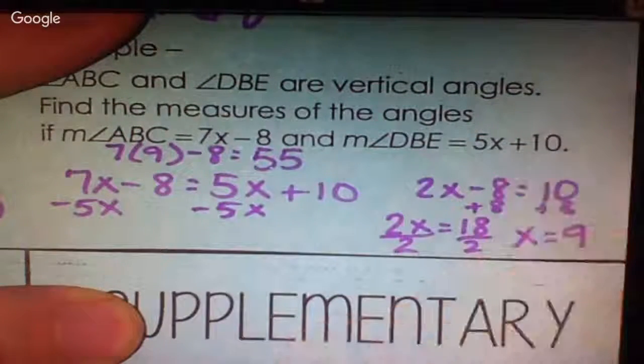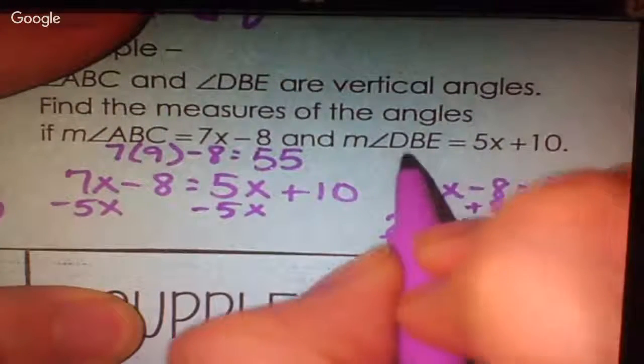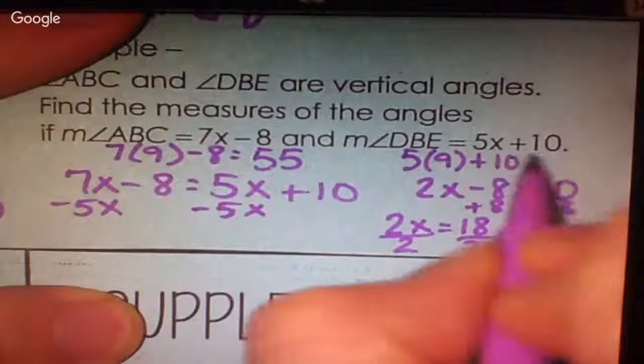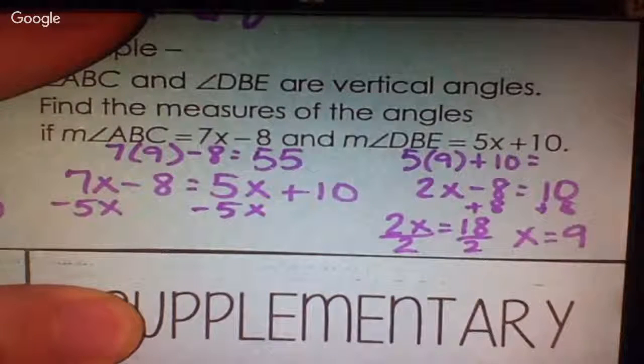That's for ABC. This one, 5 times 9 plus 10. What does that equal?